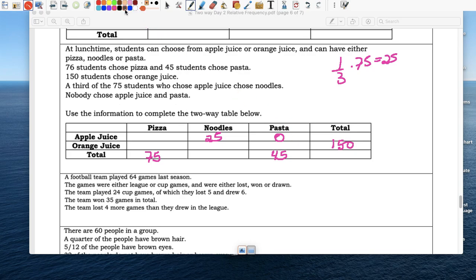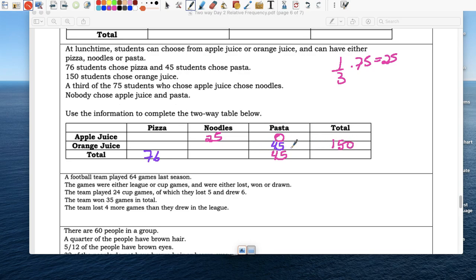That's it. All right, let's start filling this in. Well, 0 plus something is 45, so this must be that this is 45. 76. I don't know why I chose this. That's not 75. Change it to 76. 150 chose orange juice.